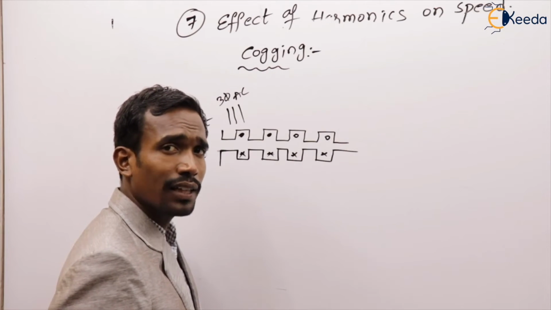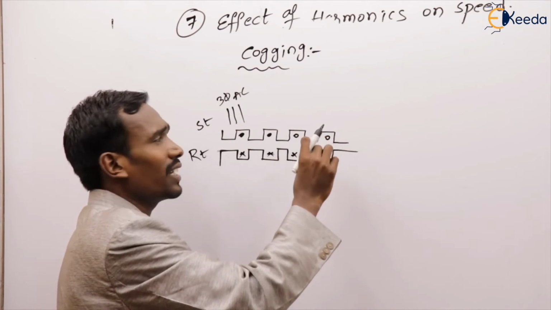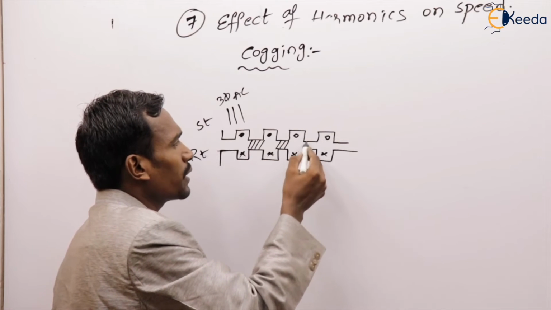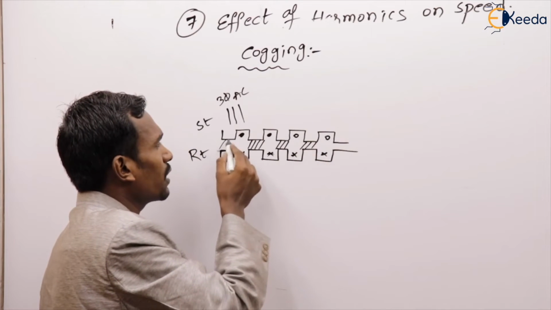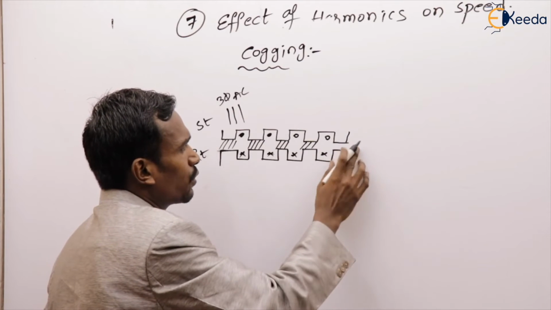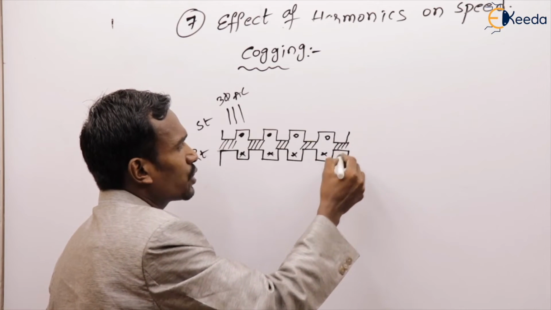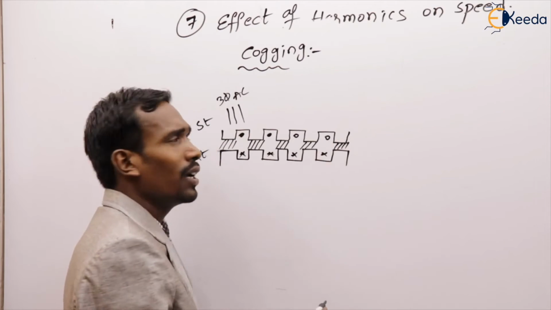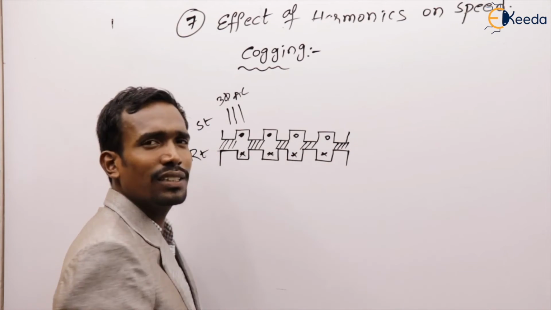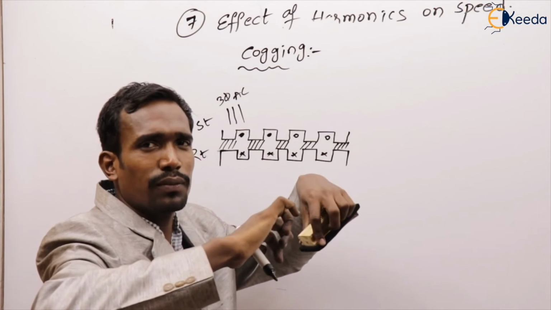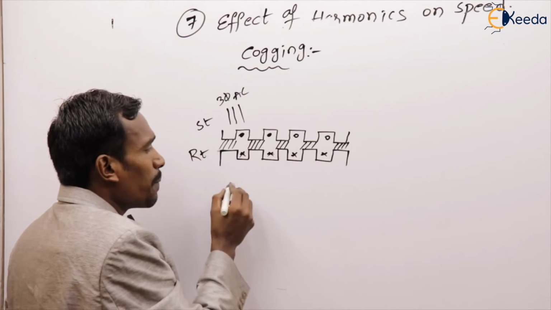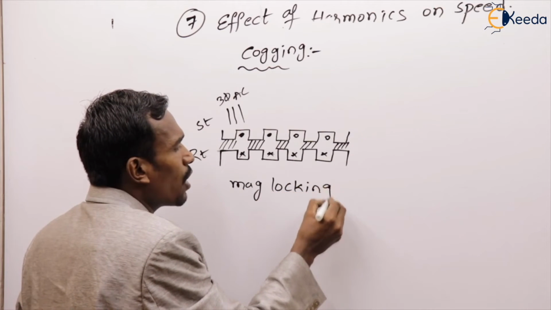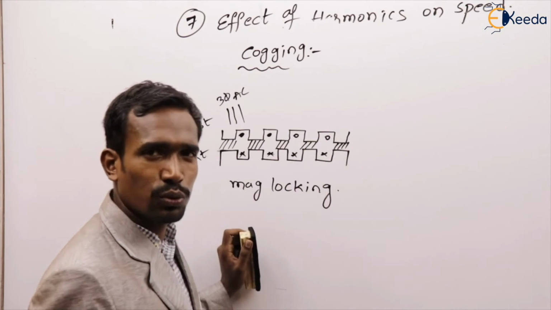Then due to these two fluxes, some attractive force will develop in between two teeth or in between two slots. That is nothing but magnetic locking.